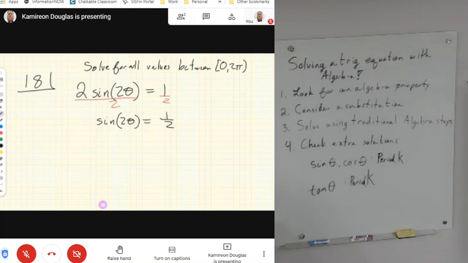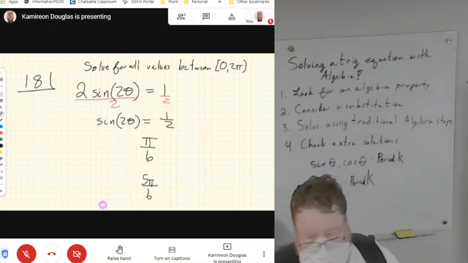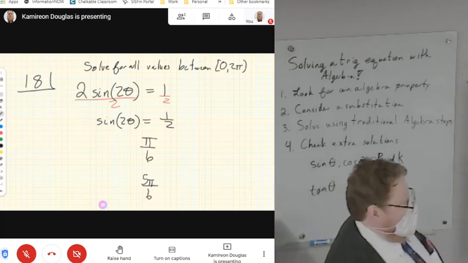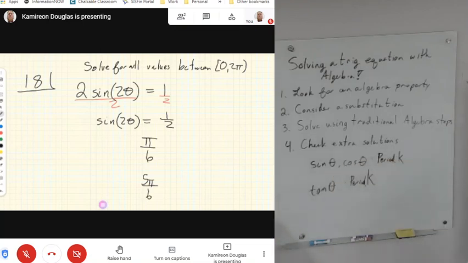Here's how. First, where is the sine function equal to 1/2? Pi over 6 and 5 pi over 6. Now these are places where sine of theta works. So this is sine of 2 theta. So my technique is we take the inner piece and set it equal to each value.